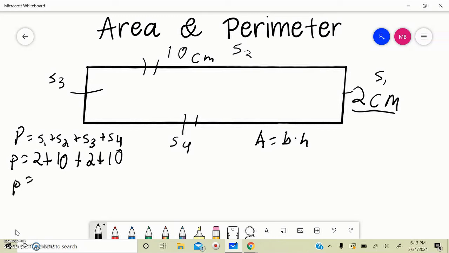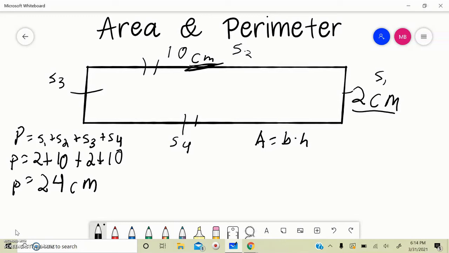When I look at this, I can just do 2 plus 10 plus 2 plus 10. So I get 12 plus 12, which is 24. Am I done yet? No, what am I missing? My units, very good. 24 centimeters.